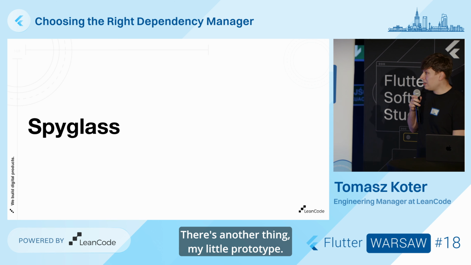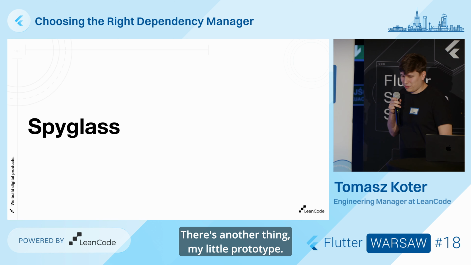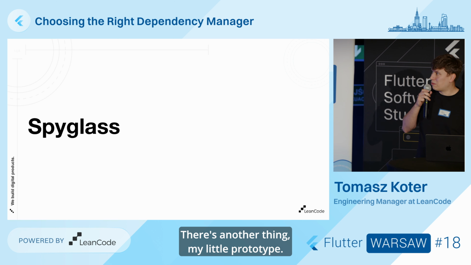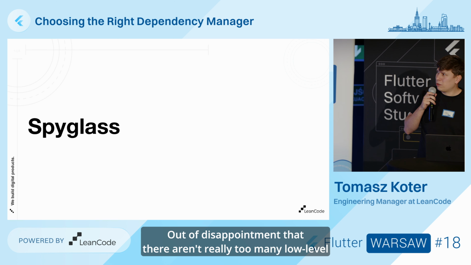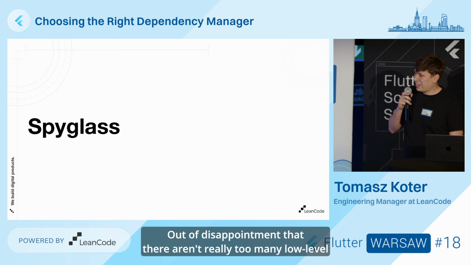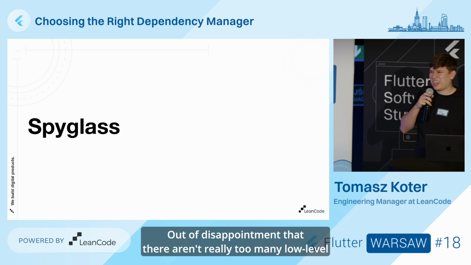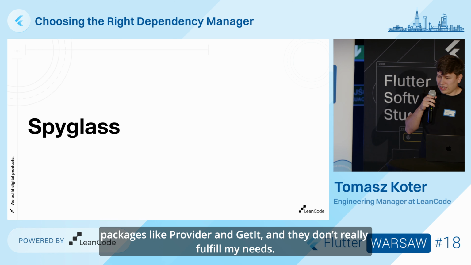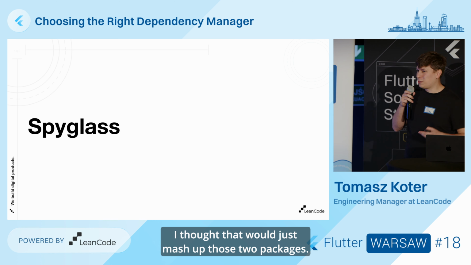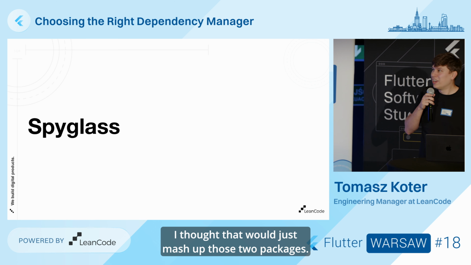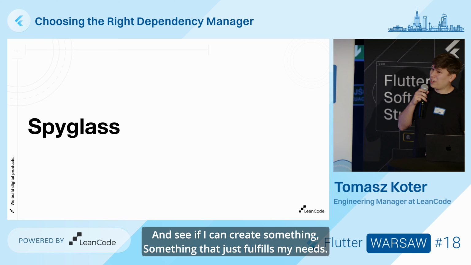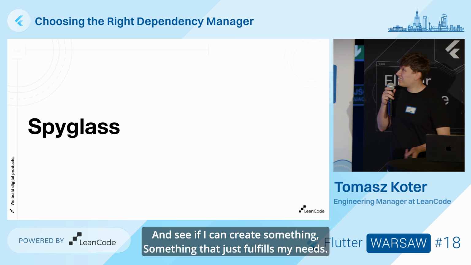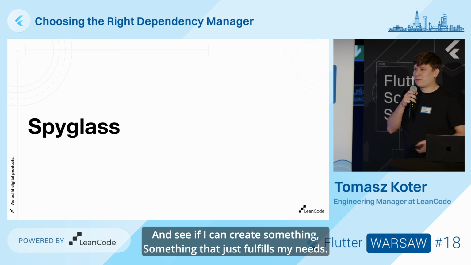So there's another thing, my little prototype. Out of disappointment that there aren't really many low-level packages like Provider and GetIt, and they don't really fulfill my needs, I thought I would just mash up those two packages and see if I can create something that just fulfills my needs.